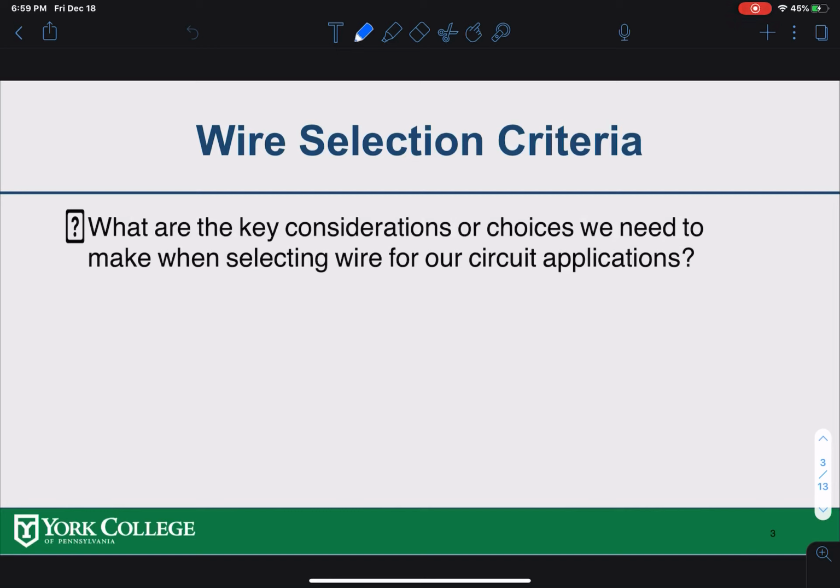where are you using the wire? So that means environment. Is it indoor, outdoor? Is it underground?